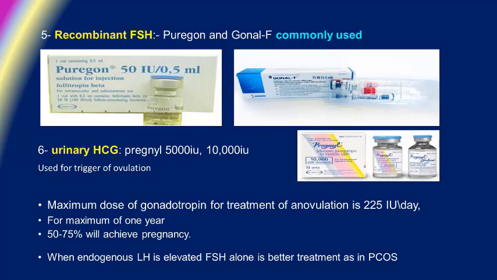Maximum duration of treatment is 1 year. Pregnancy rate is about 50 to 75%, which is much more than Clomiphene citrate. When endogenous LH is elevated, FSH alone is a better treatment, as in polycystic ovary syndrome. Give them only FSH treatment without LH.